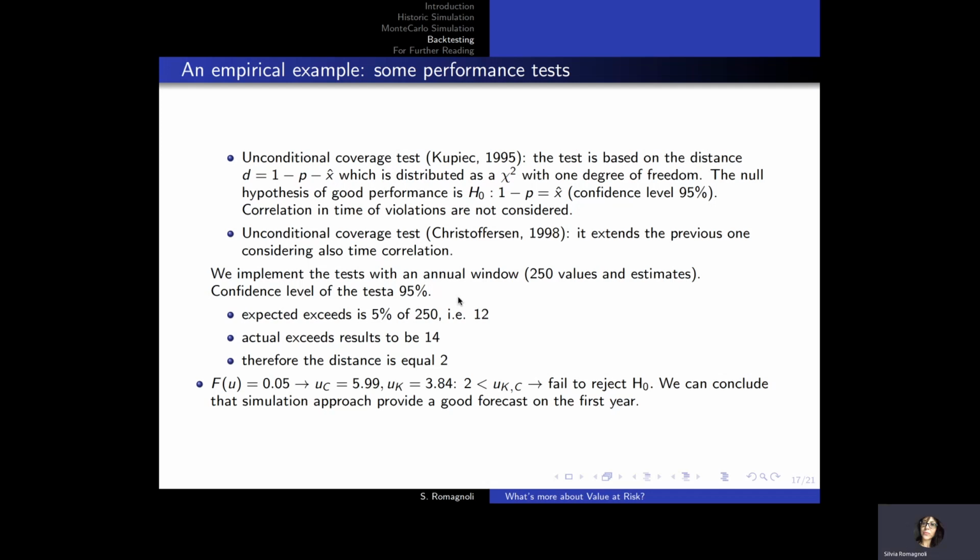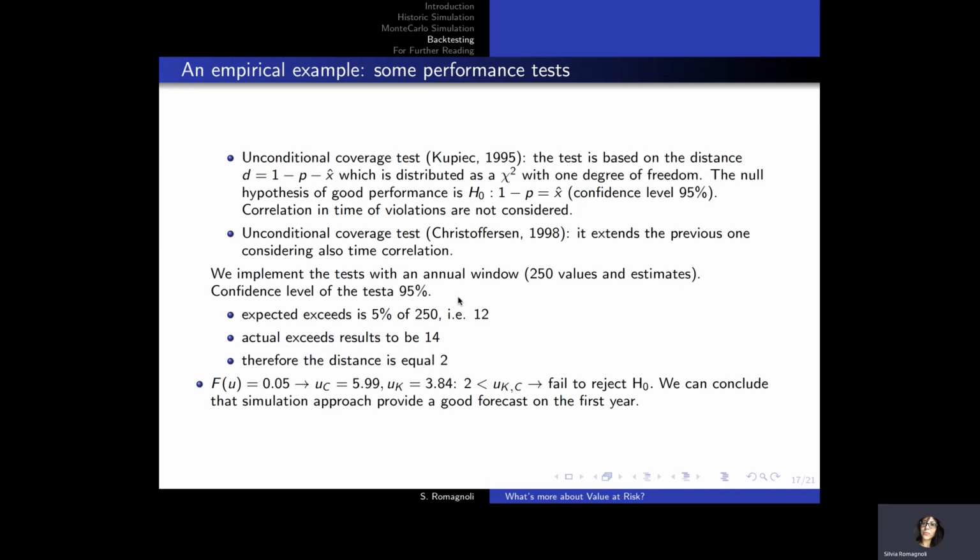On the other hand, the conditional coverage test proposed by Christoffersen in 1998 extends the previous one, considering also time correlation of violations. We implement the test in our empirical example, considering an annual window, so we consider a window composed of 250 values.